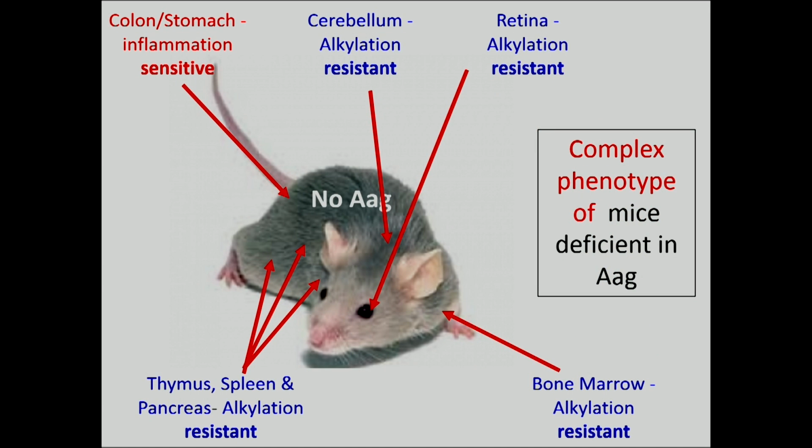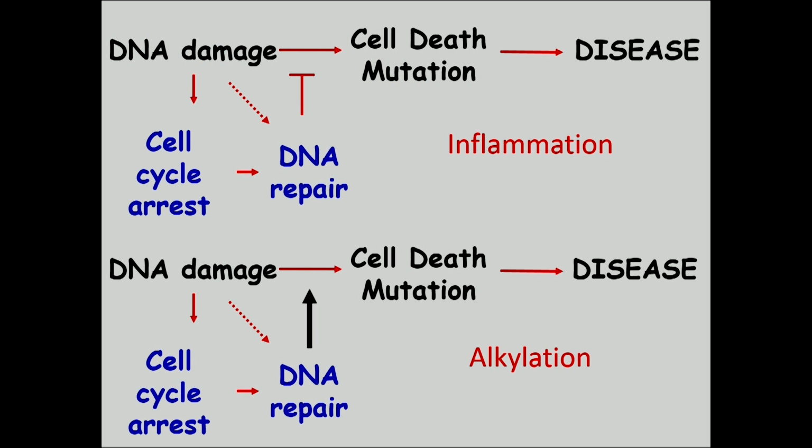So coming back to this model here, you can see for the inflammation, the action of the repair pathway is helping the animal, and in this case, the action of the repair pathway is detrimental to the animal.